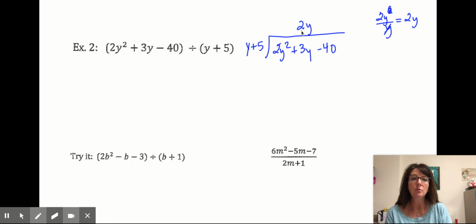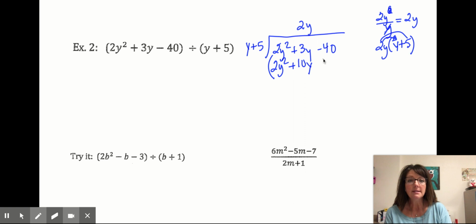Now I'm taking this 2y times each piece, right? It's like 2y times y plus 5. And for whatever reason, I like to do it this way off to the side, and then I kind of do it going forward. So 2y times y, and I put that under the like term, which would be 2y squared. 2y times 5 is going to be a positive 10y. Now, according to the algorithm of long division, this gets subtracted from the original dividend.